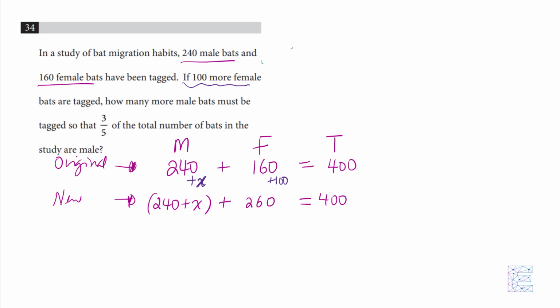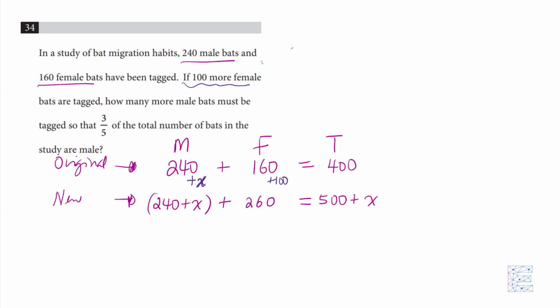But then we're adding to that number 100 female bats plus X male bats, which makes the grand total 500 plus X. So we can write this as 500 plus X, because that's the new total.